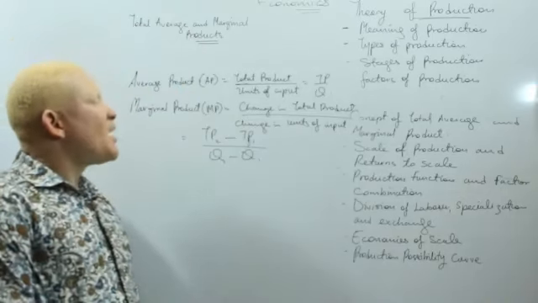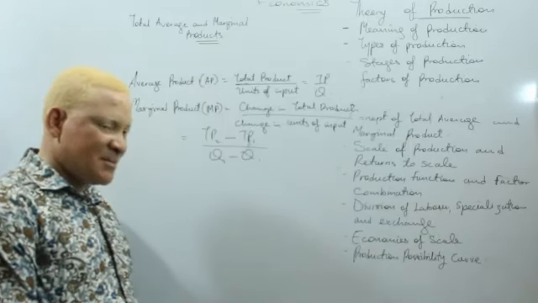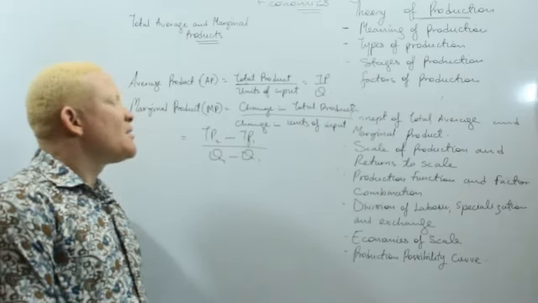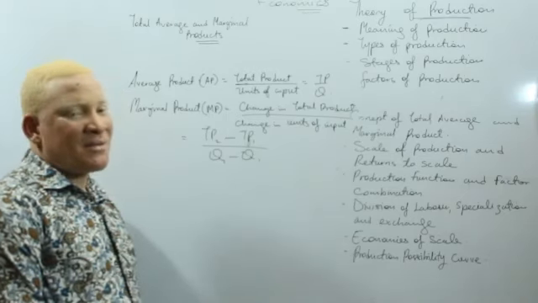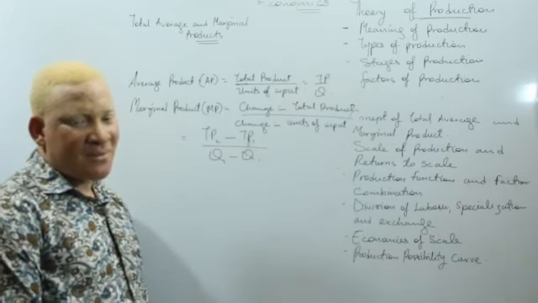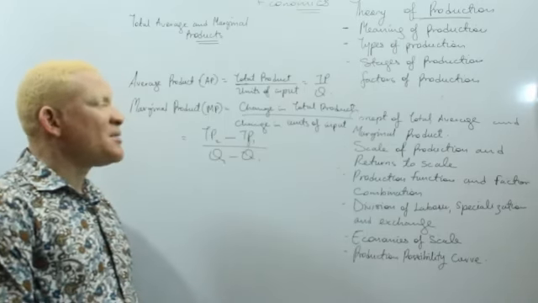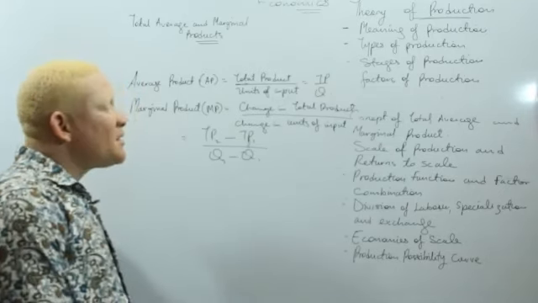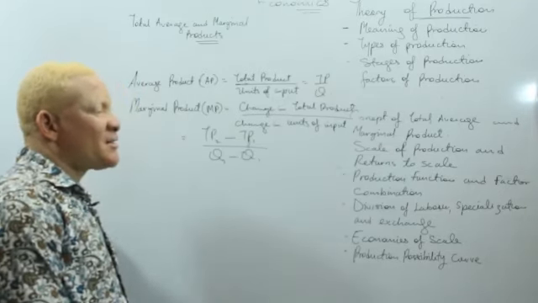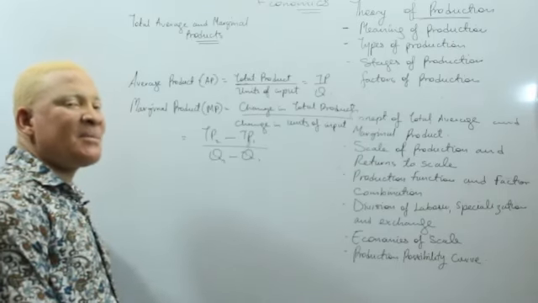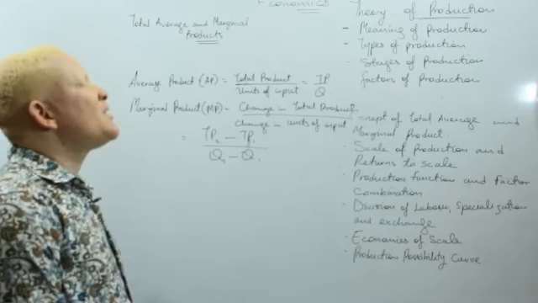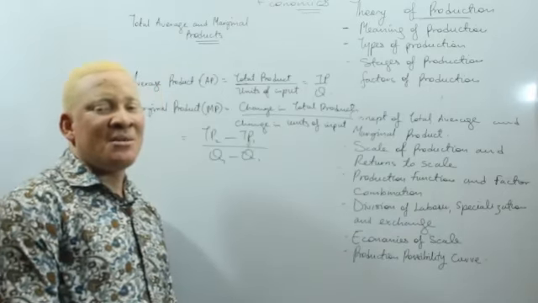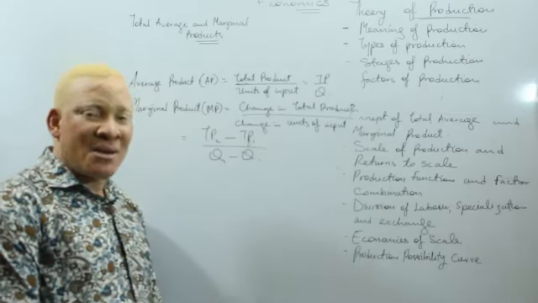But at a point, the marginal product measures the rate of increase in total product. Hence, it tells us the rate at which total product is increasing. Now, at the initial stage of production, when production scale is still expanding, what happens? The total product is higher than all the other ones. These things will still be explained with the help of a graph.